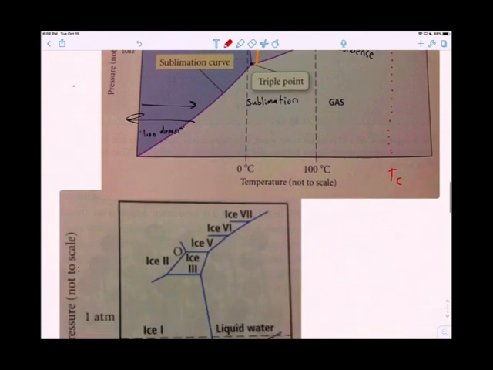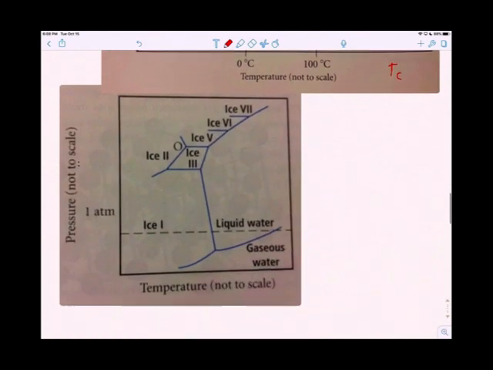Okay, so let's look at water a little bit more. Water is a really strange compound. Alpha ice, or ice 1, is the most common one that we come across. But if you increase the pressure, you can form different types of ice. Alpha ice is really weird because it floats. It's less dense than the liquid, and that's not typically what happens for states of matter.